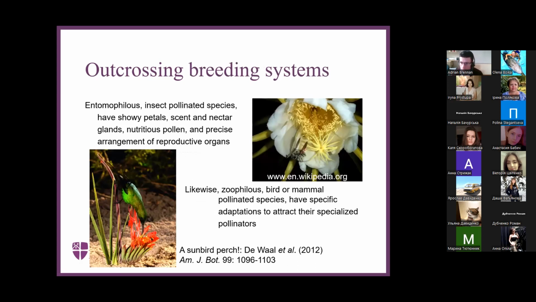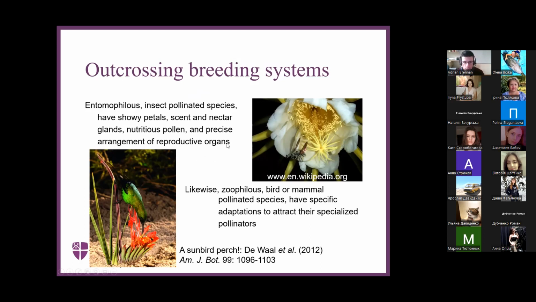Of course, we're very familiar with this other form of reproduction among plants, which is recruiting an animal vector to carry your pollen for you. We have very many entomophilous species, so pollinated by insects. Plants have formed a lot of mutualistic relationships with many different groups of insects.